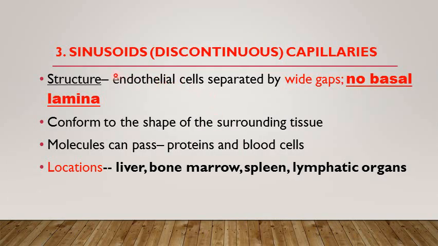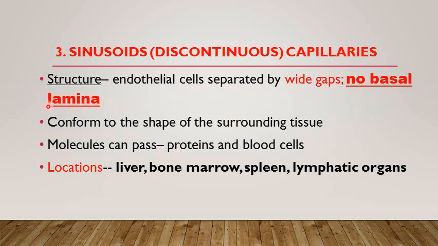So the next, third and last type of the capillaries are the sinusoids or discontinuous capillaries. These are the sinusoidal capillaries, which are also known as discontinuous capillaries. Here in the endothelial wall there are wide gaps, and the endothelial cell is not supported by a basal lamina or basement membrane.